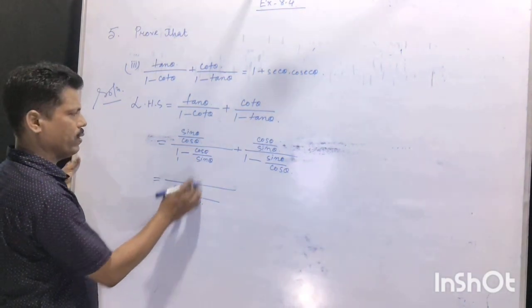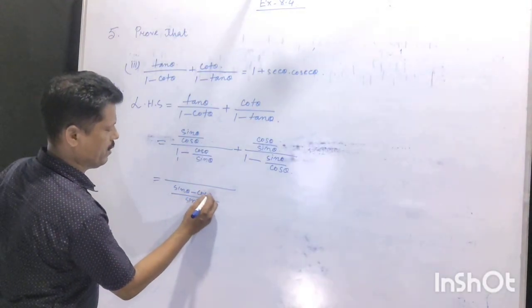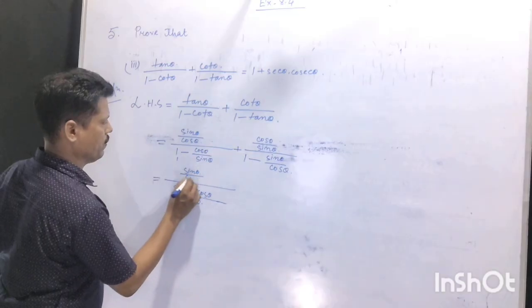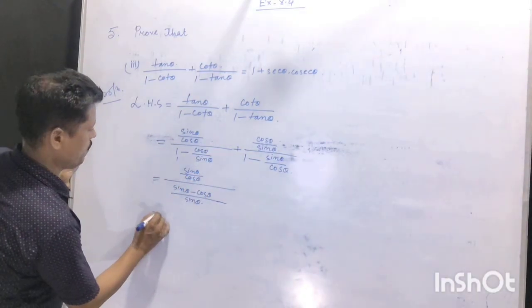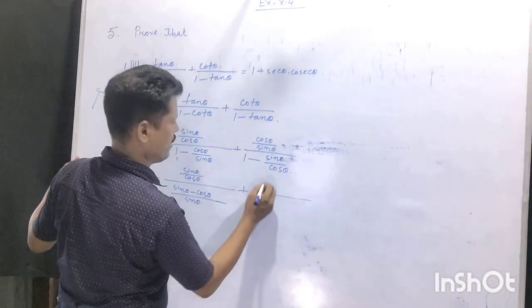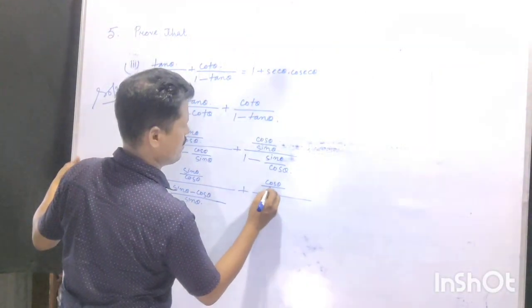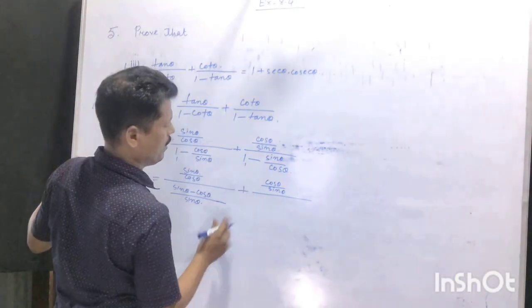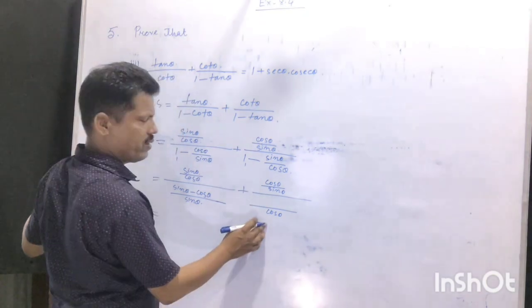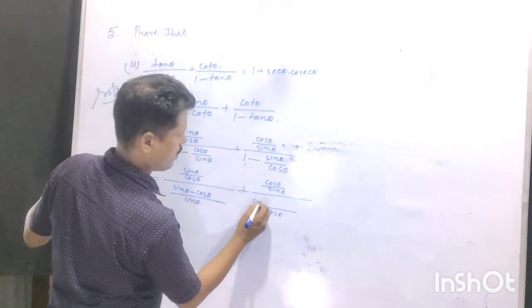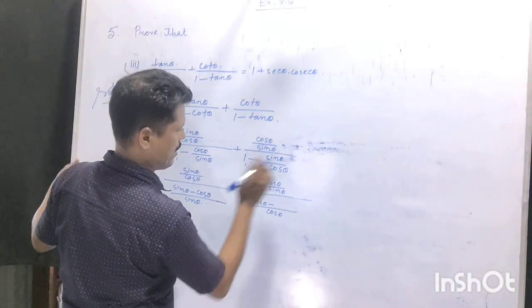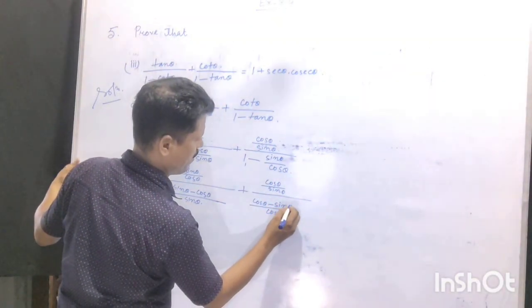And similarly, 1 minus sin theta by cos theta, 1 and cos theta, the LCM will be cos theta, so cos theta minus sin theta over cos theta.